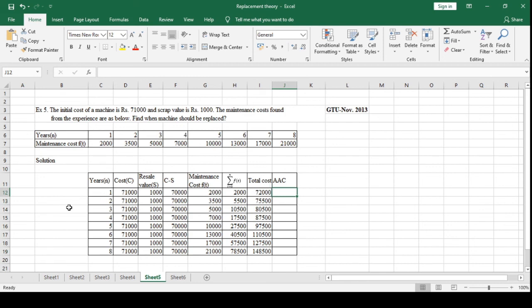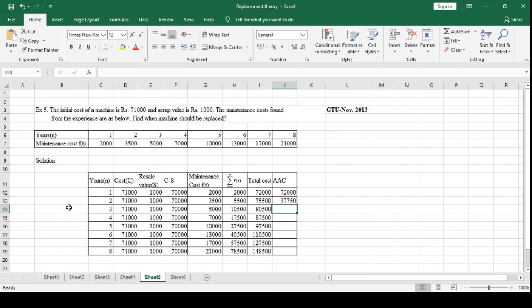Now we'll calculate the average annual cost, that is, dividing the total cost by the number of years. So for the first year our answer will be 72,000, for the second year 75,500 divided by 2, so the answer will be 37,750.